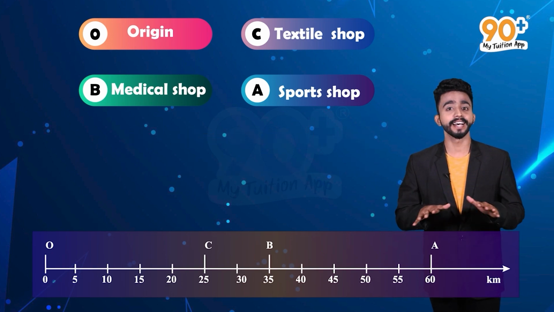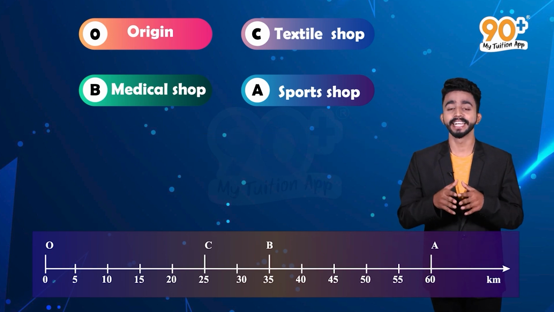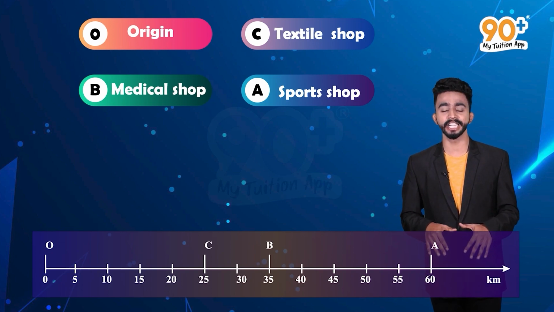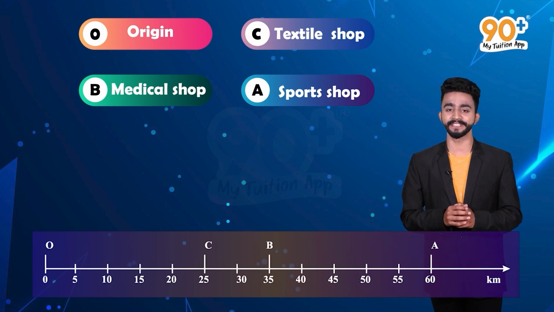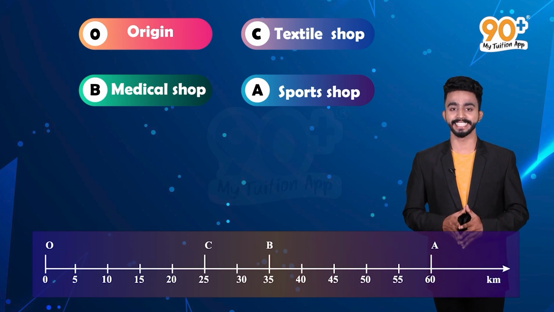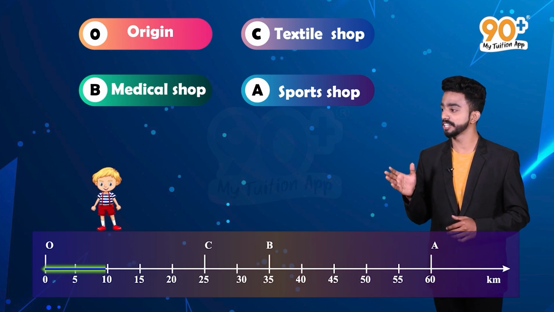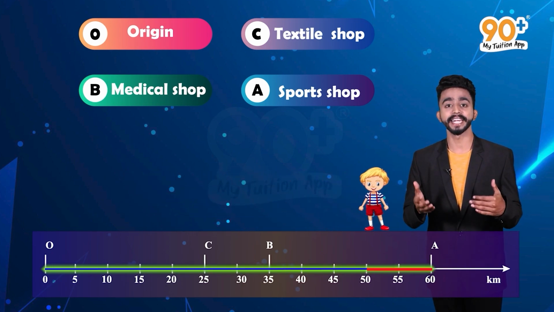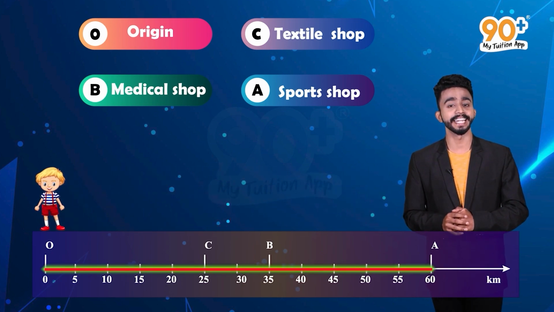Did you know there are some other cases where the displacement value is 0 and the corresponding distance value is not 0? Okay, let's check such a case then. Imagine that Raju goes to the sports shop and comes back to his house. Then what will be the distance value?